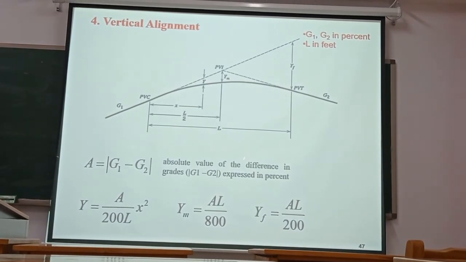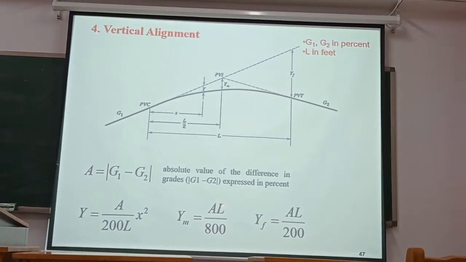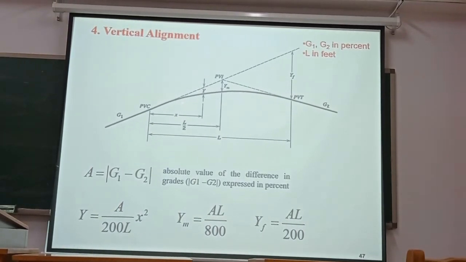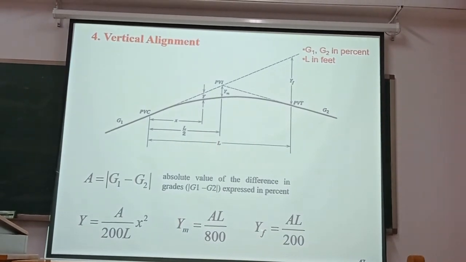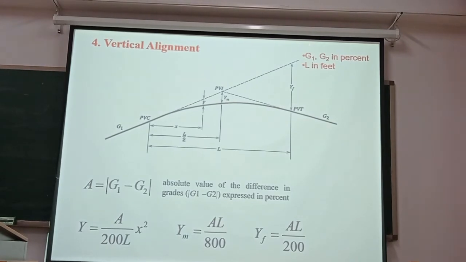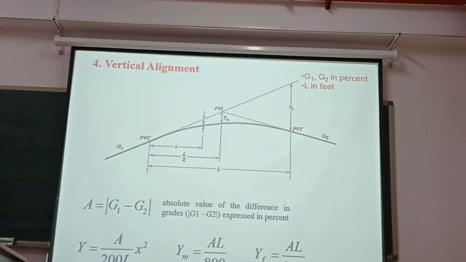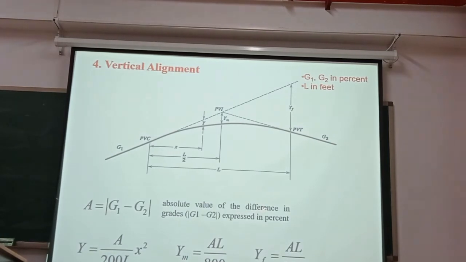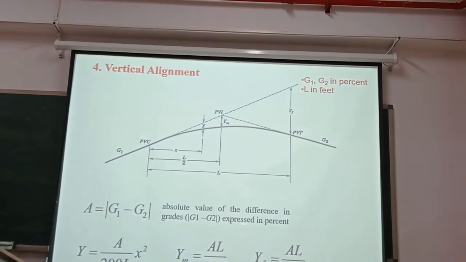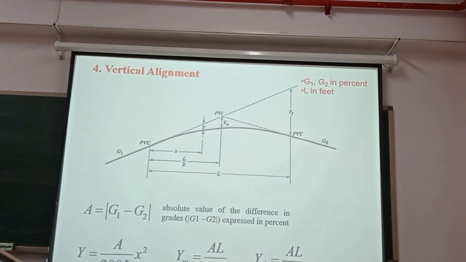From this, we can use this formula to calculate y, ym, and yf. But we should know that G1, G2 in percent, L in feet. A is the absolute value of the difference in rate expressed in percent.